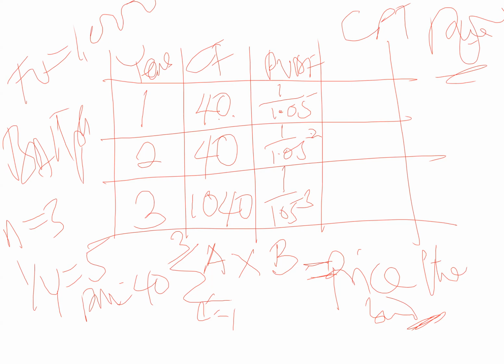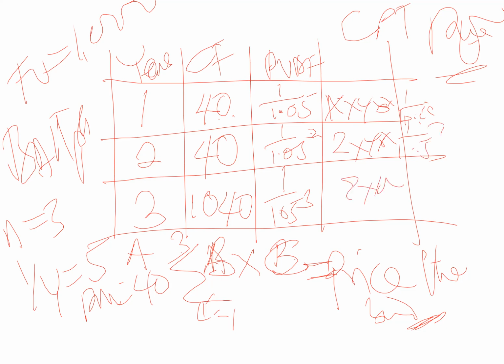Now let me call the first column A (the years), the second column B (the cash flows), and the third column C (the discount factors). I multiply 1 times 40 times 1 over 1.05, then 2 times 40 times 1 over 1.05 squared, then 3 times 1040 times 1 over 1.05 cubed, and I sum these values.